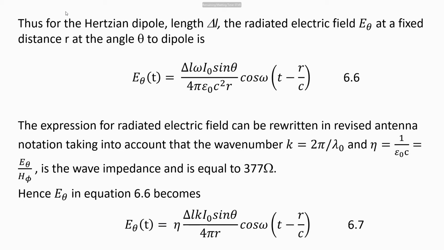Because if we want to analyze at any point in space the meridian component of the electric field, it means that at some distance r, we will have phase delay, and this part belongs to the phase delay. So here you can see we insert the equation which I wrote on the whiteboard.